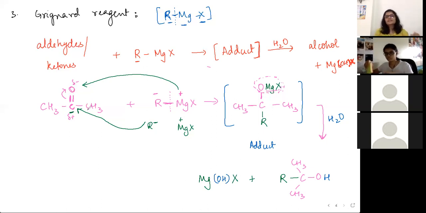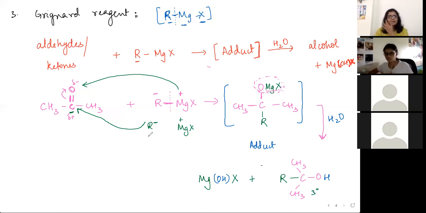Essentially, if you start off with a secondary carbon, you're going to get a tertiary alcohol. You started off with a ketone, which is basically a secondary carbon, right? It's this carbon atom attached to two other carbon atoms. And in the final product, you have an extra carbon attached to it, so you got a tertiary product.